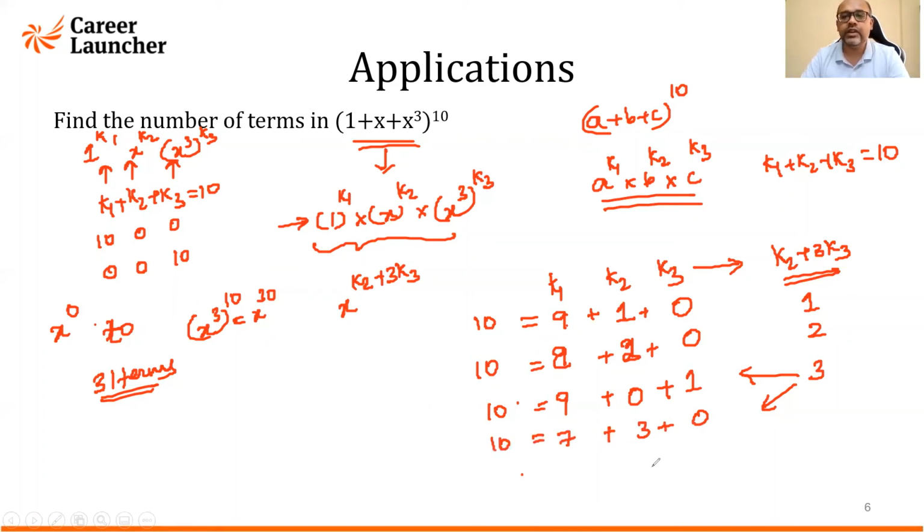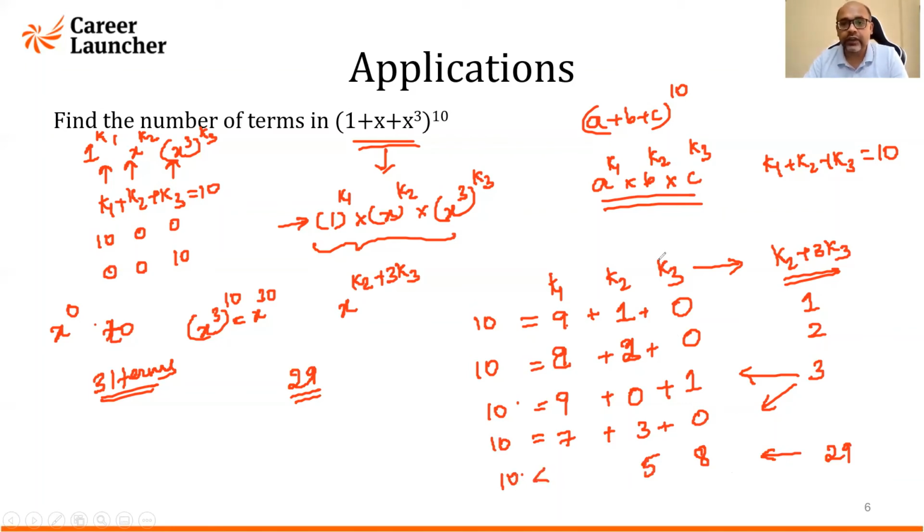So like this, you will realize that 1, 2, 3, 4, everything is possible. In fact, the only number that is not possible is 29. Because if you want 29, look at how it is possible. k2 plus 3k3 should become 29. If you put k3 as 8, 3 eights are 24, then you need 5 here, so the total is crossing 10.